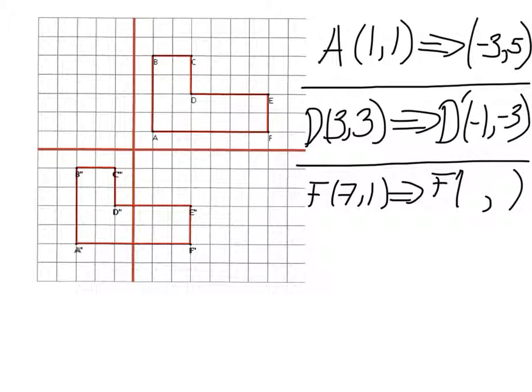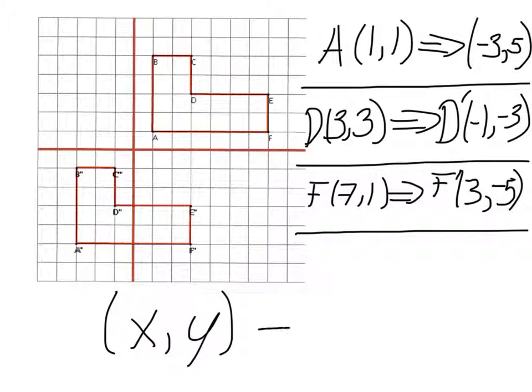We're looking at 3 on our X, so I'm going to put that in. And I have negative 5 on my Y, so I'm going to go ahead and put that in as well. So 3, comma, negative 5. So now that I have this information, I should be able to say X, comma, Y goes to something, comma, something. But I don't know what my rule is yet.